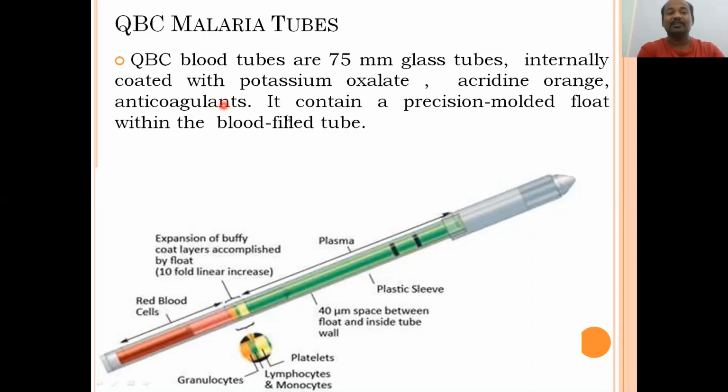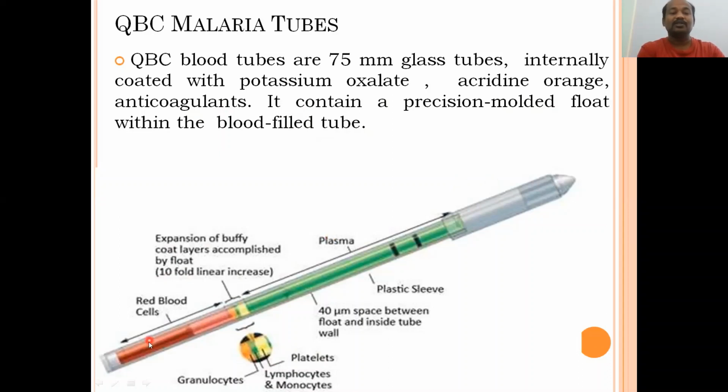It also contains a precision molded plastic float within the blood filled tube. The float will expand the contents inside the QBC tube tenfold, so you can see an enlarged portion of the blood components.